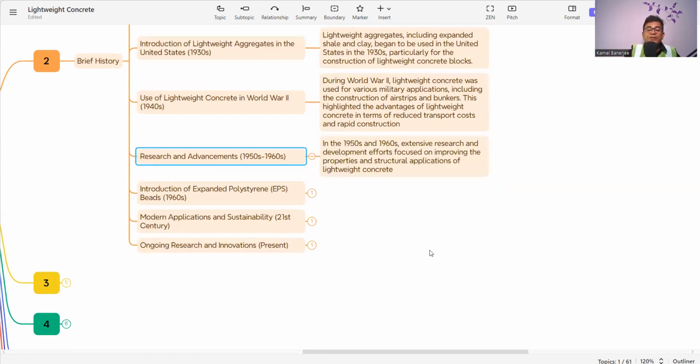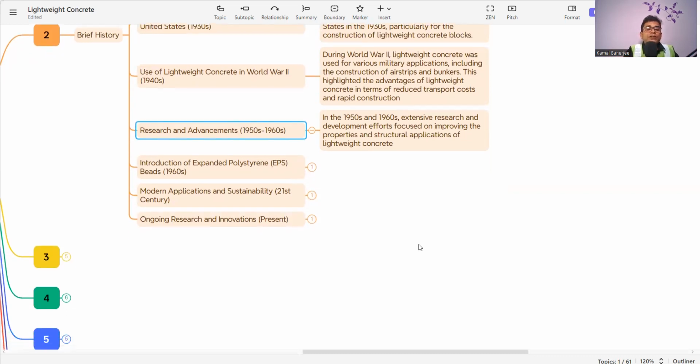In these decades, extensive research and development efforts focused on improving the properties and structural applications of lightweight concrete. After the war, when it became widely popular, research and development started again to make it more applicable for structural purposes.